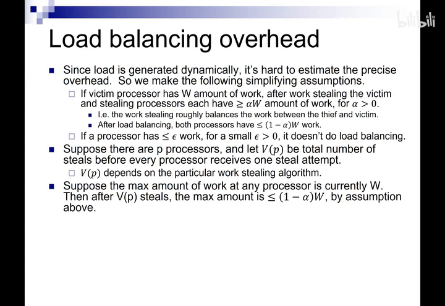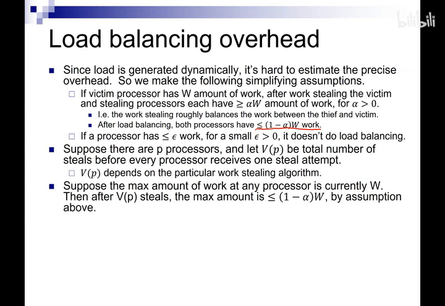Now suppose that at the current time point, the maximum amount of work at any processor is W. If we do V of P steals, then every processor will become a victim at least once. Whenever it becomes a victim, that processor will end up with less than (1 minus alpha) times W amount of work.